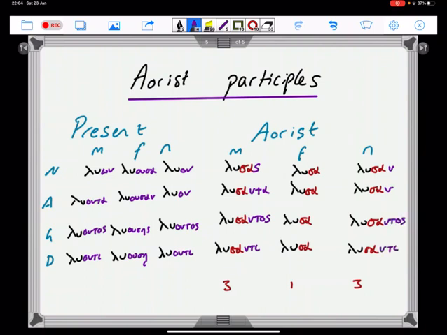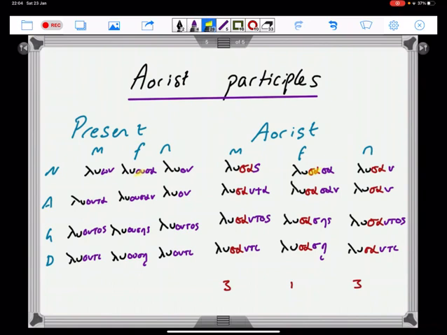And for the feminine, you've actually got the same endings as in the present, but you changed from u to sa as your stem. That sa is replacing the u. Lusasa, lusasan, lusases, lusase. It does mean you've now got sa, sa in a lot of them, sigma alpha, sigma alpha.